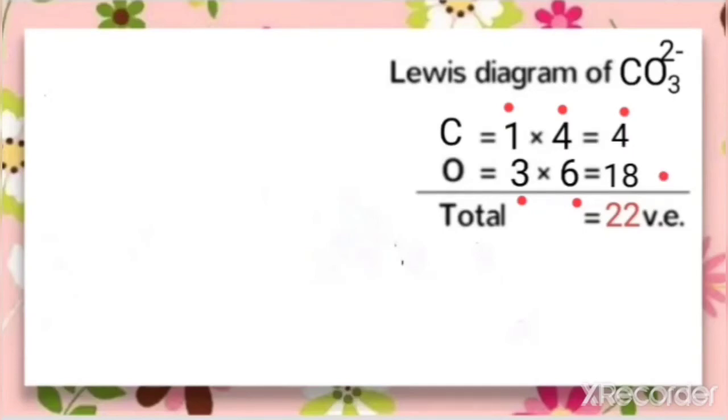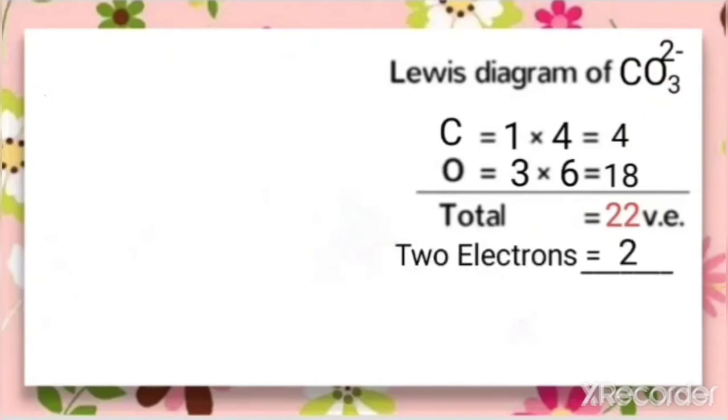When you sum this, we get 22 valence electrons. But here in the carbonate ion, a 2 negative charge is there. So when there is a negative charge, you have to add that many electrons. 2 negative charge means we have to add 2 electrons. So that is equal to 24 electrons. So a total of 24 valence electrons are present in the carbonate ion.